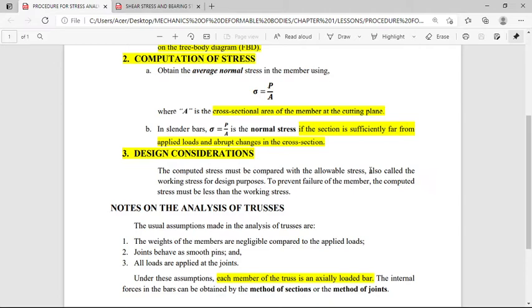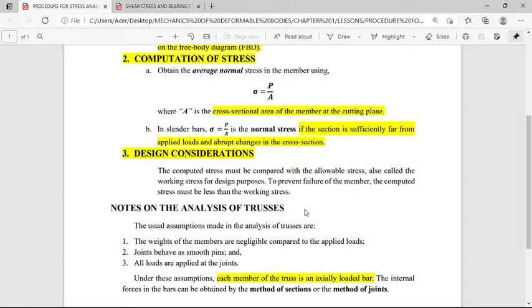Allowable stress is also called the working stress for design purposes. So, yung dalawa na yan yung pagbabasehan mo when you are solving for the strength capacity of your material or a structural member.